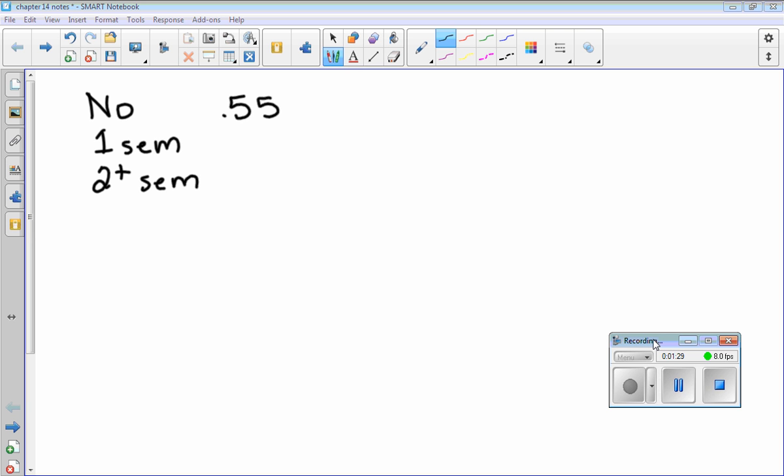And then it says 32%, or 0.32, has had 1. What does that leave me with to have 2 or more semesters? All right, what is left with 2 semesters of calculus, guys? What's left? 13%, right? They have to add up to what? 100%. So we know that much. Now, we got those percentages from number 12.